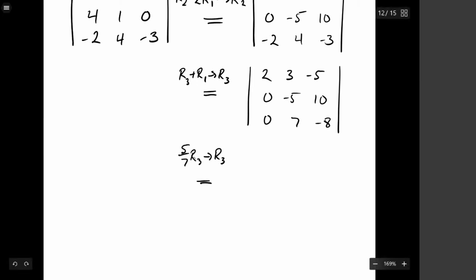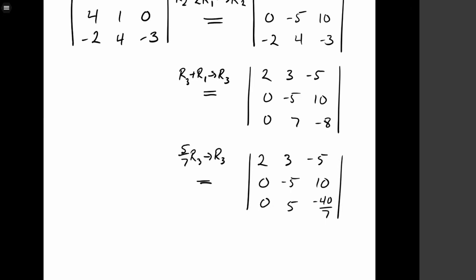So we're going to multiply 5/7 times this row. How does that change the determinant? Remember, if we multiply row 3 by 5/7, this is 0, 5. Here we just have to deal with negative 40 over 7.